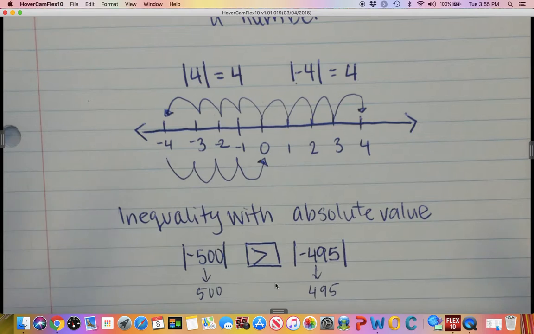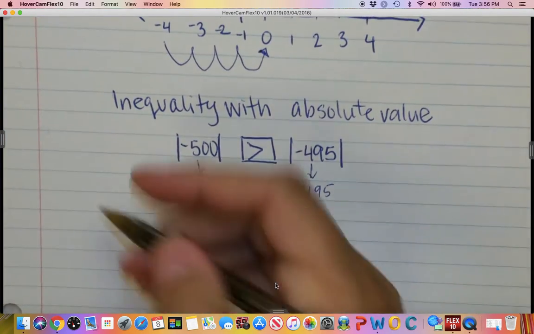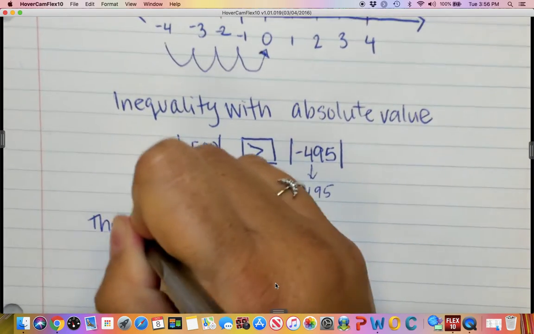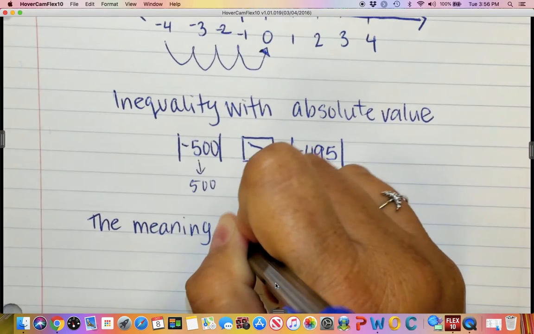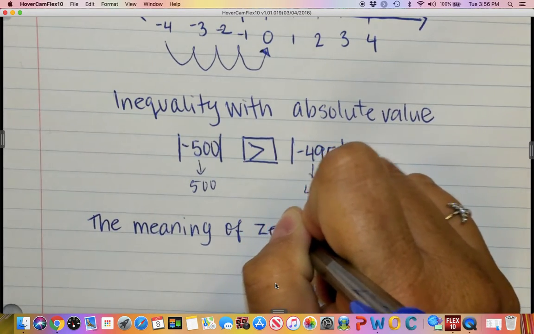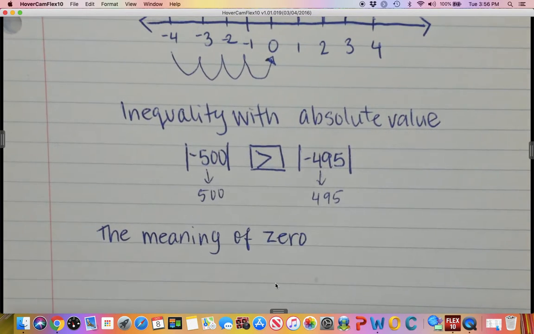There's only one more concept that I want to go over with you in these notes, and then we'll be done, and I'll give you a to-do. And that is the meaning of zero. And the meaning of zero often comes with word problems.